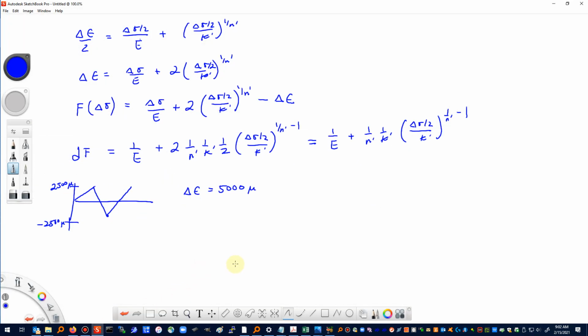So let me go back to here, get my tablet back. We started off at 0 stress and strain. We went up here to 2500 microstrain, and we had a stress level of, what did we say?